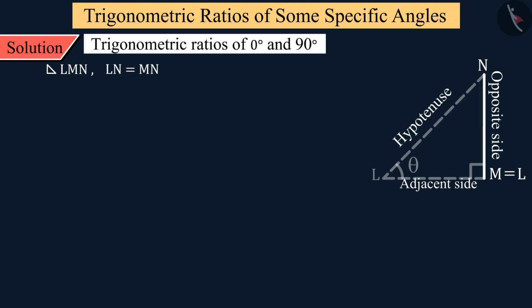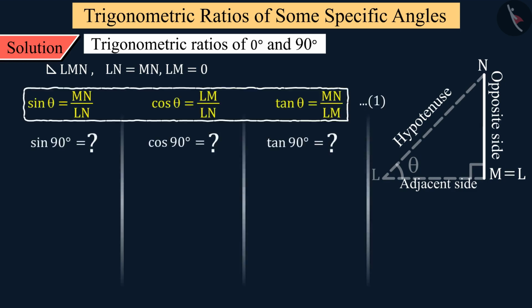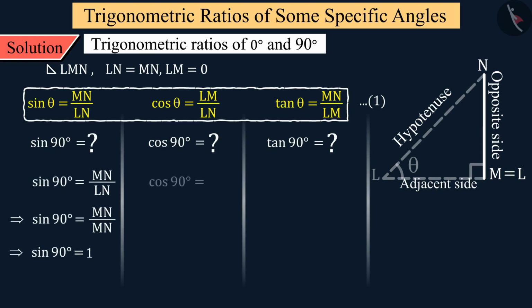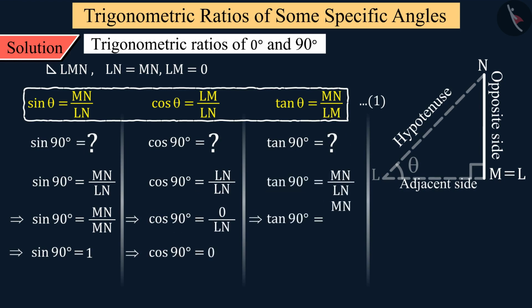In this situation, we can say that the length of side LM will be approximately 0. Therefore, the trigonometric ratios of sine 90 degrees and cos 90 degrees are obtained as 1 and 0 respectively.